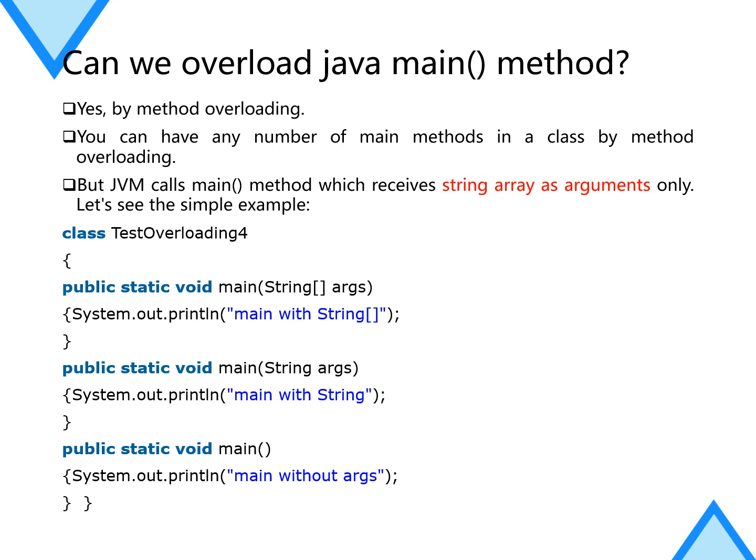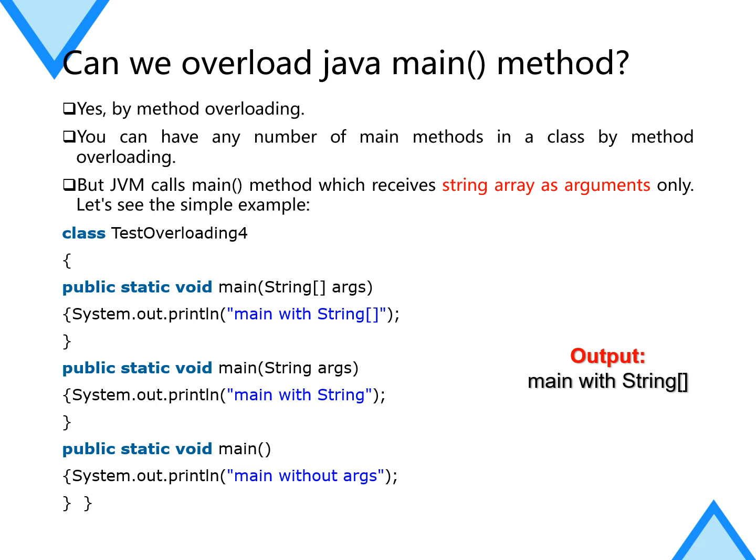As we discussed, the JVM will call only the method which receives the string array as an argument. So we will receive the output main with string and the array symbol. So it calls the first implementation of the method.